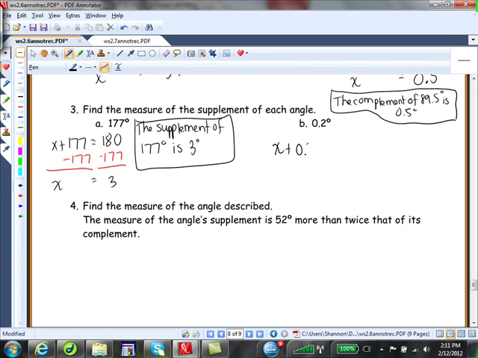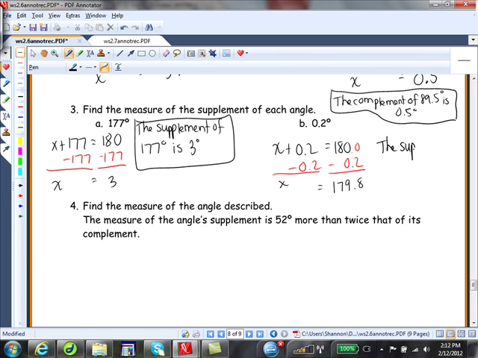So now x plus 0.2 of a degree is equal to 180. I'll leave the degrees out till the end. Subtract our 2/10. So we will get x is equal to 179.8.